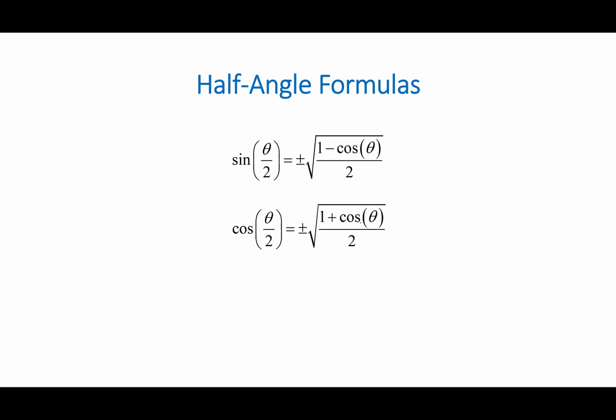These formulas are identical, so if you remember one, you should be able to remember the other. The only difference is that we have a minus for the sine, we have a plus for the cosine. And I kind of remember that because we're going from cosine to cosine here, so we keep the plus, if that makes any sense. Anyway, make sure you know the half angle formulas as well for this exam.